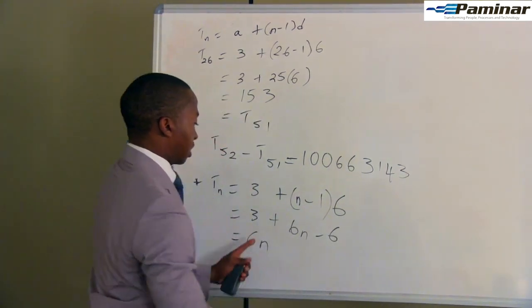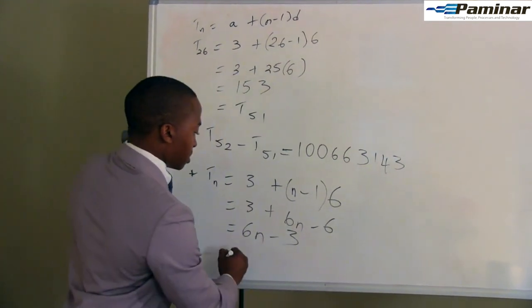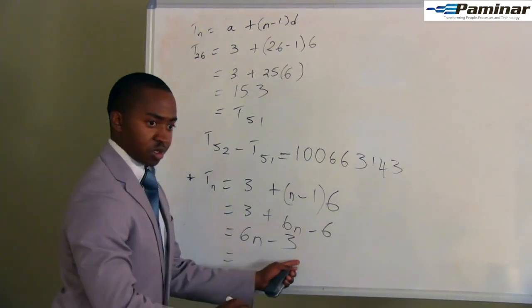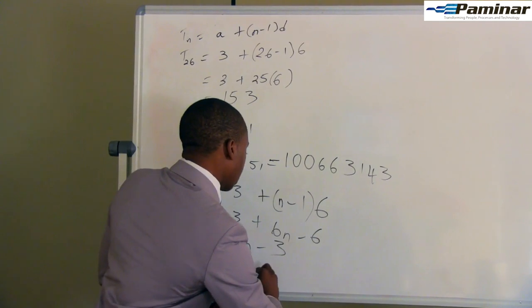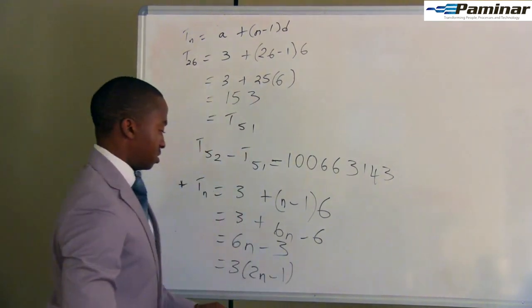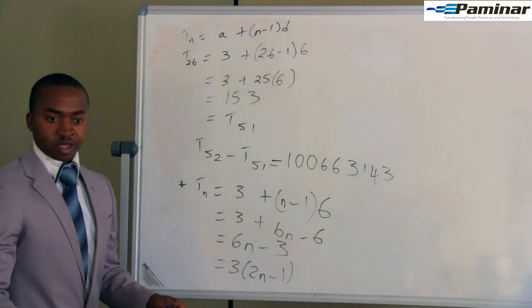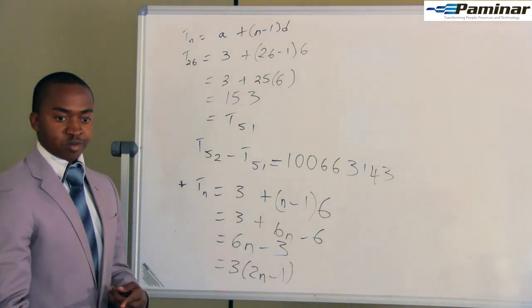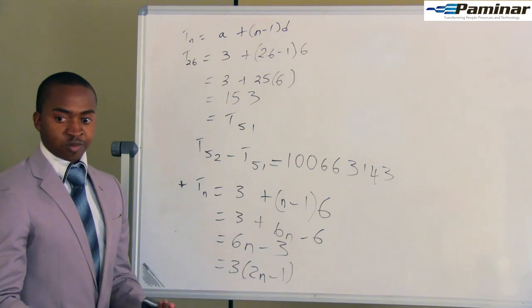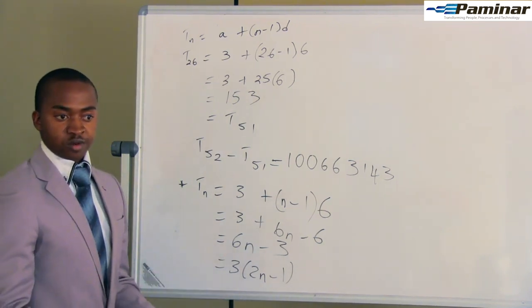This becomes 6n, and 3 minus 6 is minus 3. Can you see once again, there's a common 3. If you take out a 3, you'll be left with 2n minus 1. The presence of that 3 means this is also divisible by 3. So now you've proven that both arithmetic and geometric are divisible by 3. Therefore, the infinite series should be divisible by 3 as well.